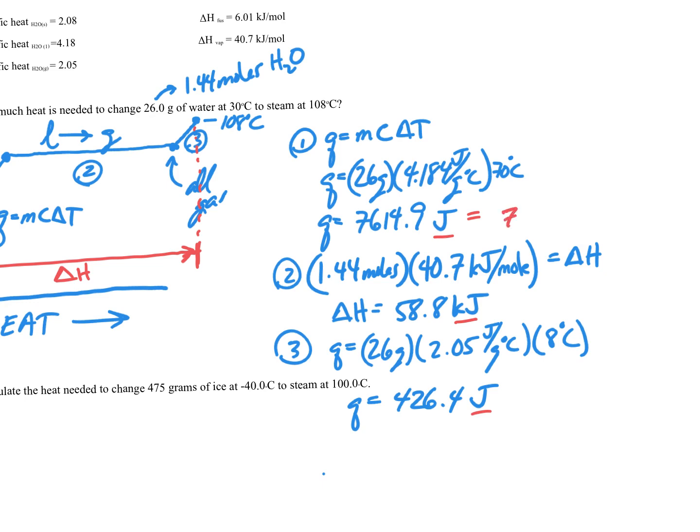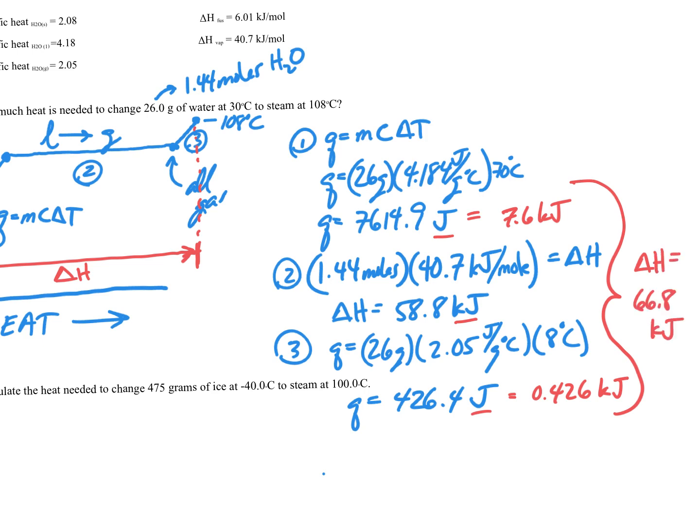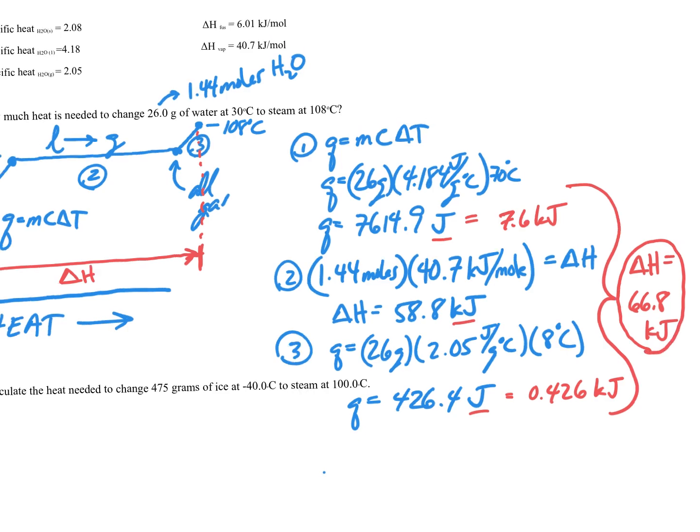So this is going to be 7.6 kilojoules. There it's 58.8 kilojoules. And here, this is 0.426 kilojoules. So adding all of that together to get a delta H, that gives us a grand total of 66.8 kilojoules, okay?